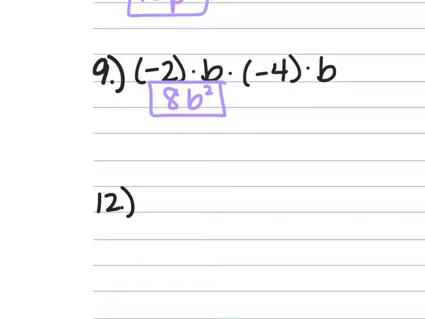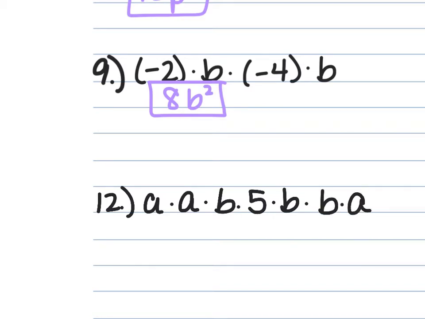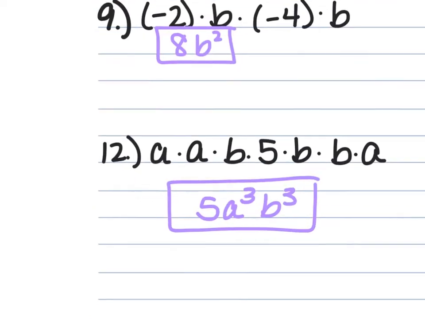For 12, they give us a times b times 5 times b times b times a. The 5, there's no other number other than that, so we're just going to rewrite it. A times a, 1, 2, 3 a's, so that's a to the 3rd power. B, there's 3 of, so that's b to the 3rd power. So 5a cubed b cubed.